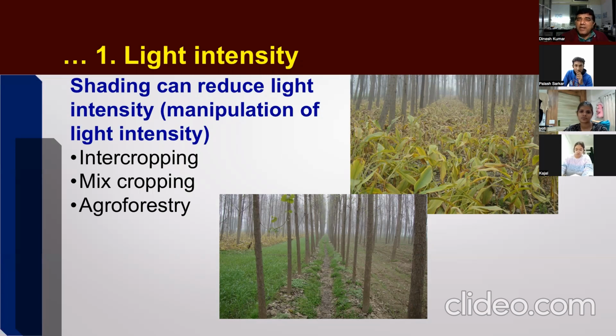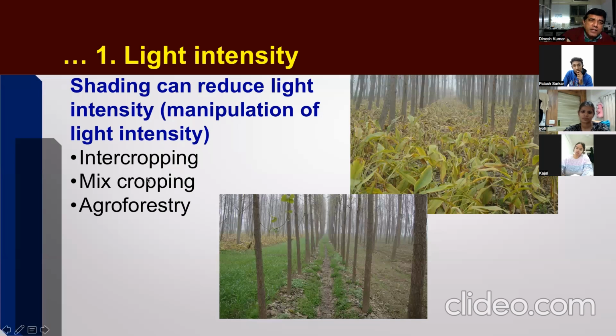Similarly, there are many grasses in South India, particularly in Kerala, that are shade loving and can be grown under agroforestry systems of coconut and others. In Kerala, they keep milking animals and feed them these grasses grown under the shade. Those grasses cannot tolerate high light intensity.